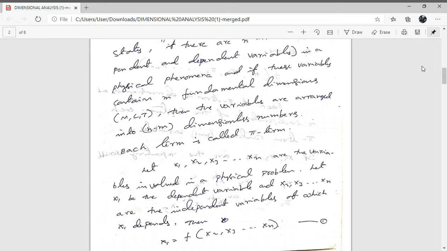First of all, we should find out which is the dependent variable and which are independent variables. In this problem, we take x1 as a dependent variable, and all remaining variables are independent variables. We can write x1 is a function of x2, x3 up to xn.